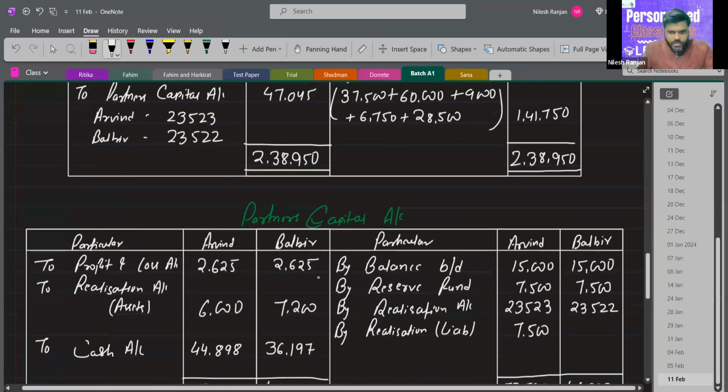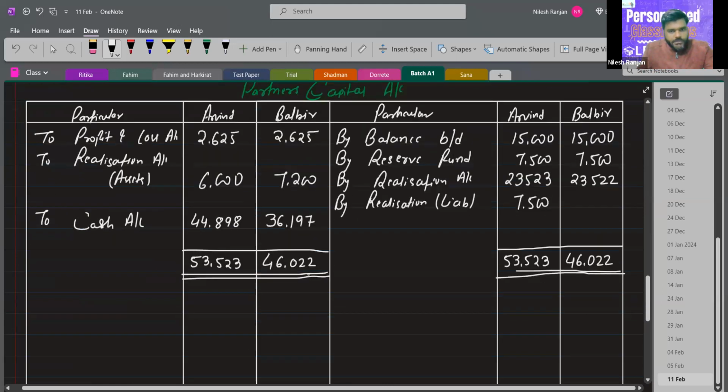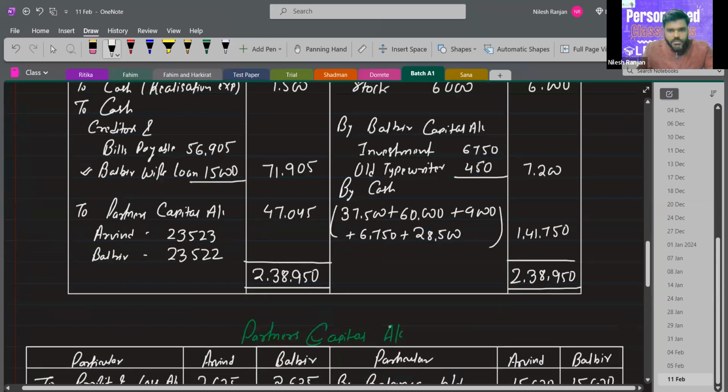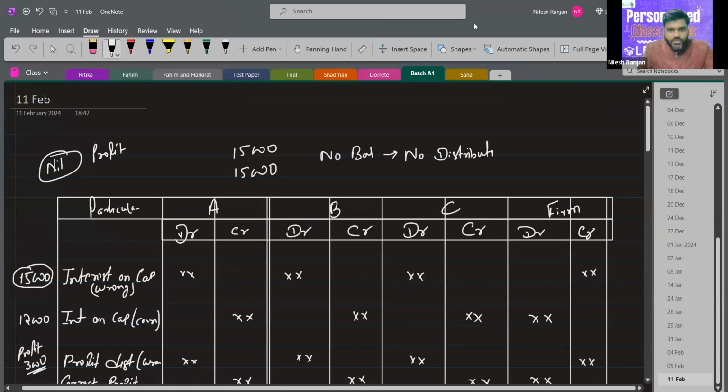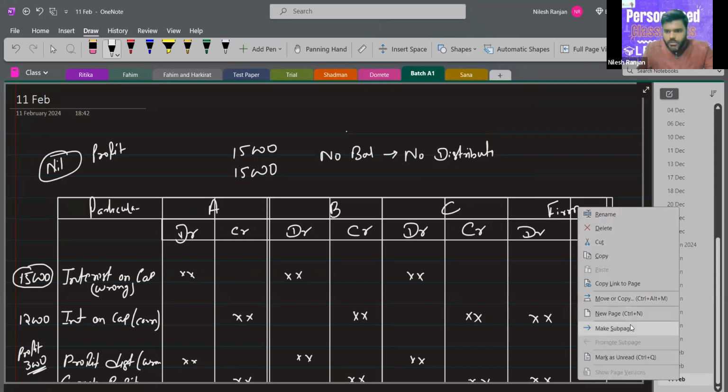Now there is the partners' capital account here, and I'm sharing this page.